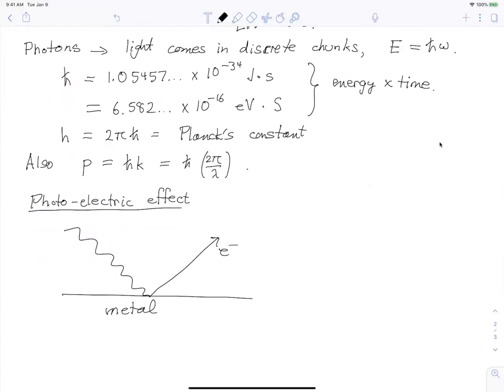And basically what Einstein proposed, or what was actually experimentally observed, is that this requires a specific minimum energy.